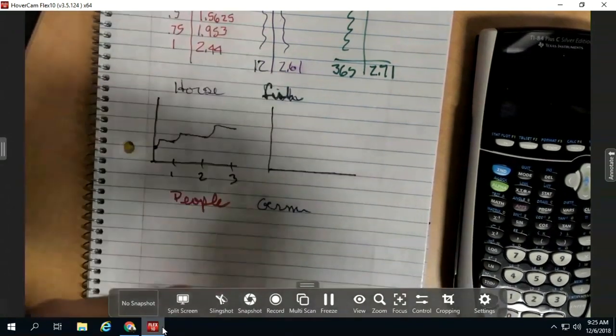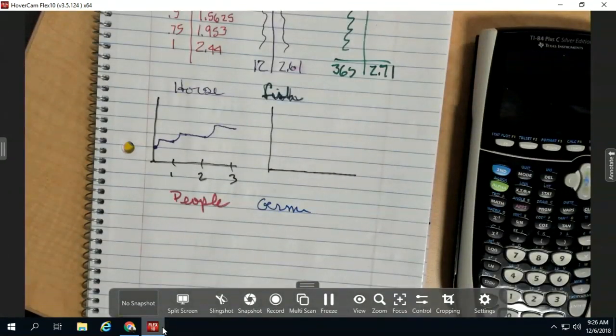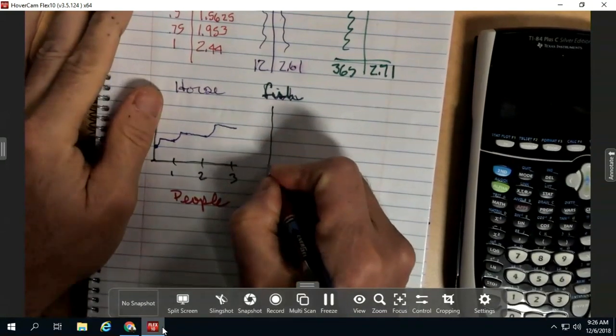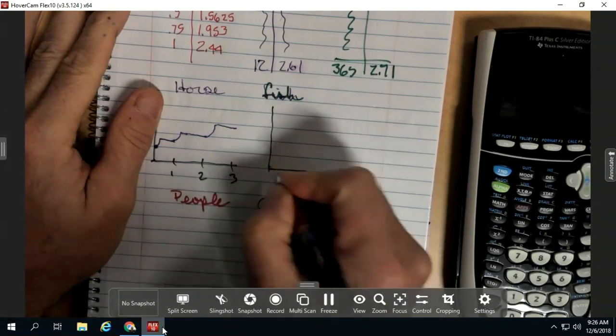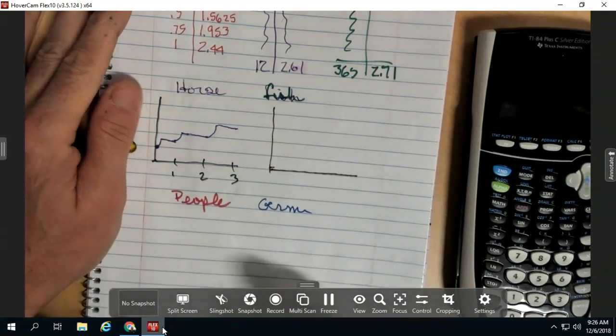Let's take bass as an example, because if we were talking about, say, tullabies, they breed in the fall. Rainbow shiners breed in the fall. But let's take bass, and I'm going to put bass way down here on the first of the year, and that goes along, say, until about May.